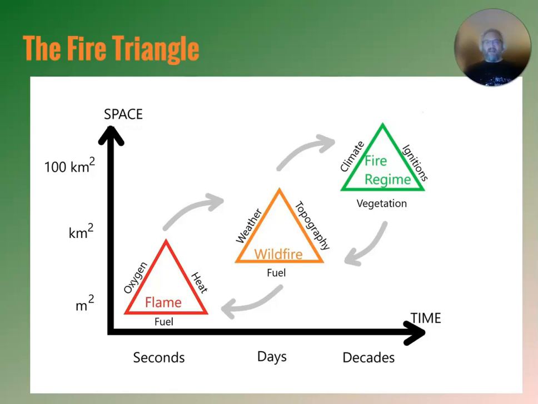We need 3 key elements that are the 3 legs of that triangle. We need fuel, so we need something to burn. And that's usually some sort of plant material, but other things can burn as well. Then we need oxygen that is typically coming from the air. In certain other applications, like in a rocket engine or something, you might be supplying oxygen directly from its own supply.